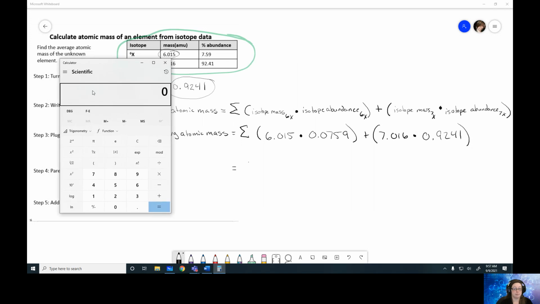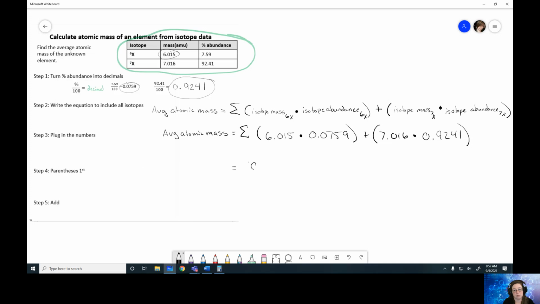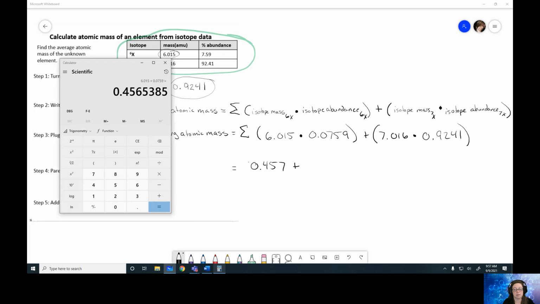All right, so we have 6.015 times 0.0759. So it gives us 0.45, and we're going to round this to 0.457. So 0.457 plus, and now we're going to do the other parentheses.